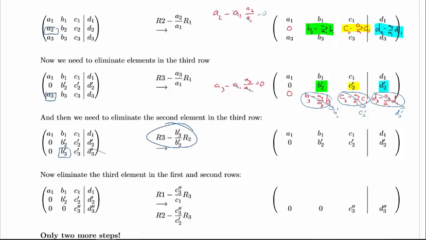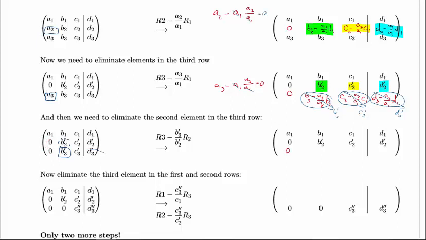Note that it's whatever the third row is minus the element that we're trying to get rid of divided by the element that you see right there. So first one, 0 minus 0, of course that's going to be 0.